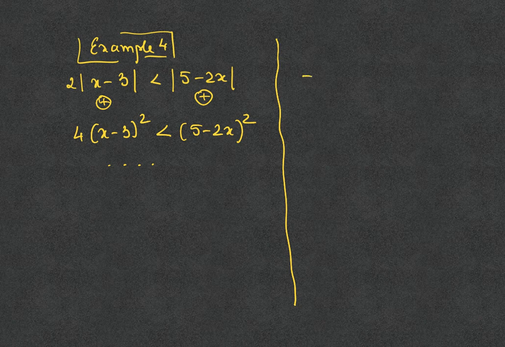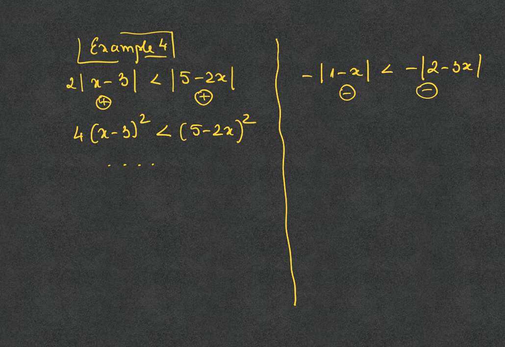How about if I have minus absolute value of 1 minus x smaller than minus absolute value of 2 minus 3x, for example? Then I know that both sides are negative.